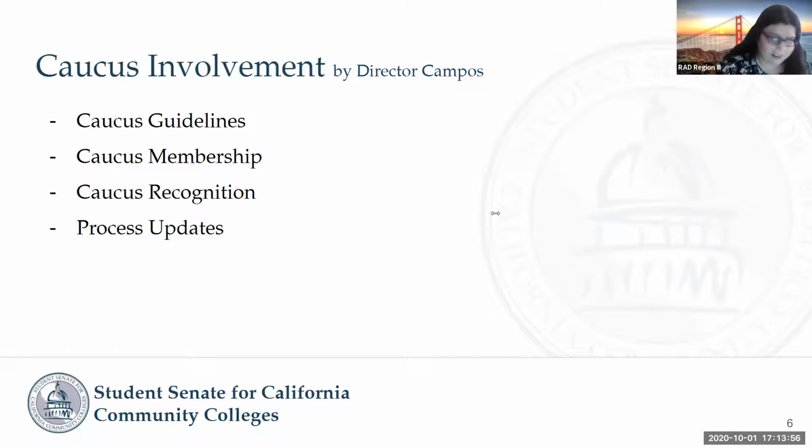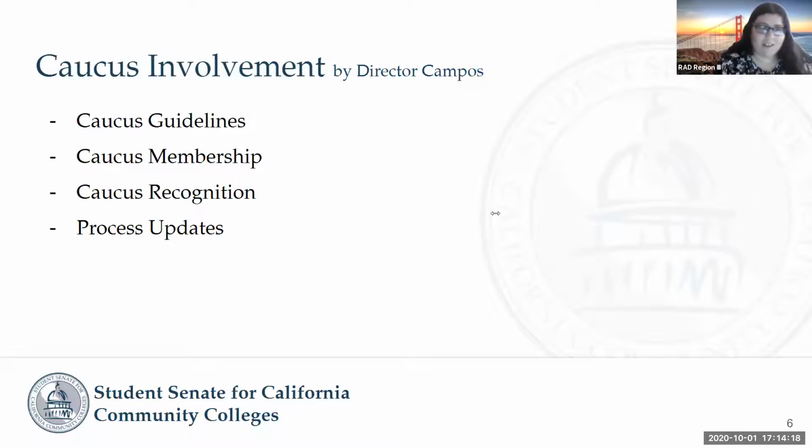It's an easy Google form that you can fill out to get in contact with a particular caucus chair, as well as the equitable practices or caucus oversight subcommittees, if you wished to create a new caucus.